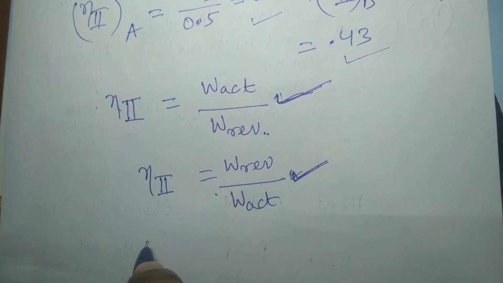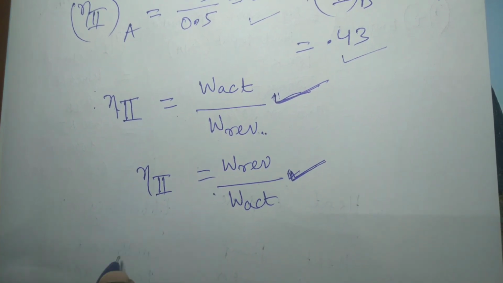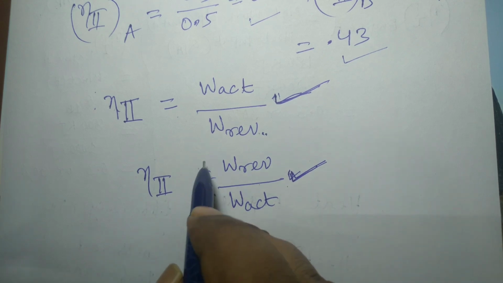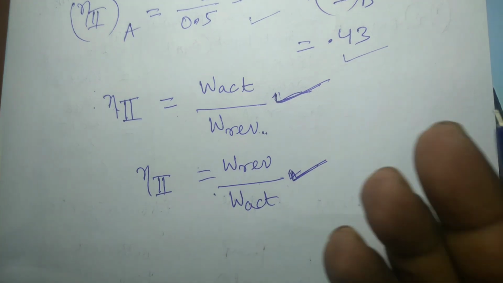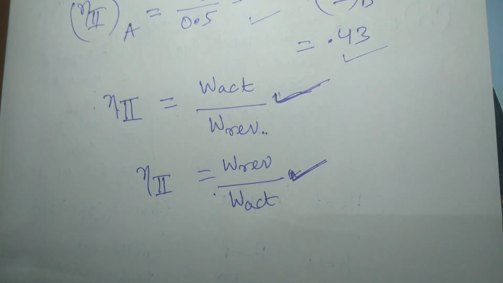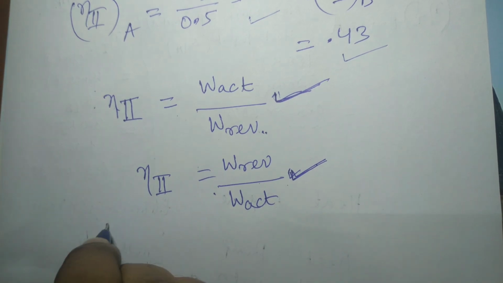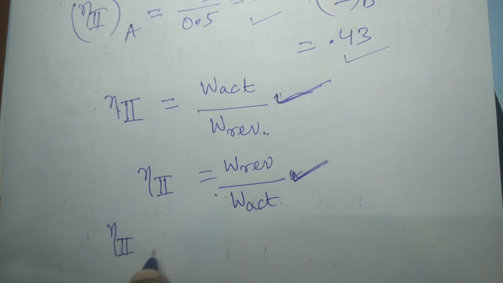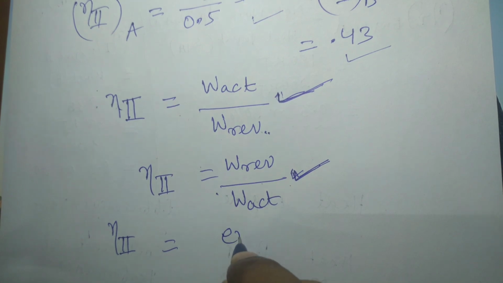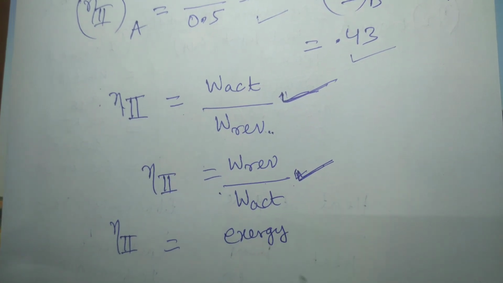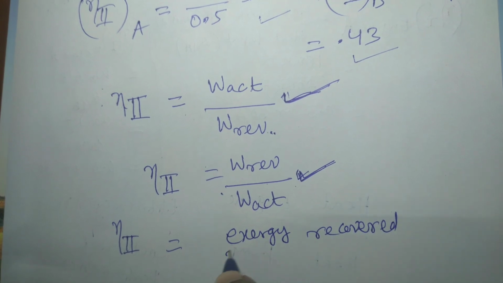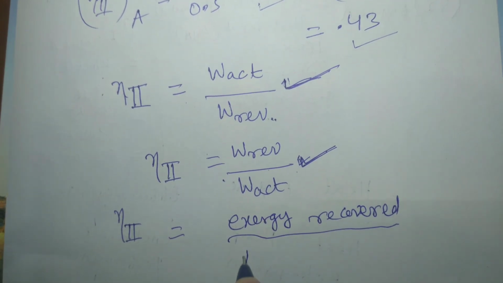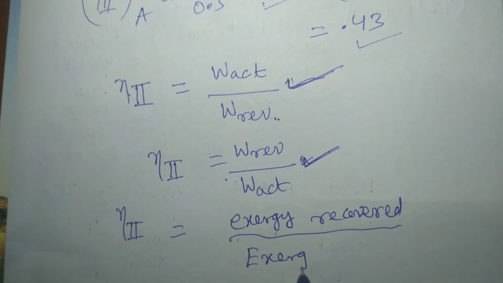Another definition can be in terms of exergy, because there are some devices like a heat exchanger where they are neither work producing devices nor work consuming devices. So how to calculate second law efficiency for them? So second law efficiency in that case will be exergy recovered divided by exergy expended.